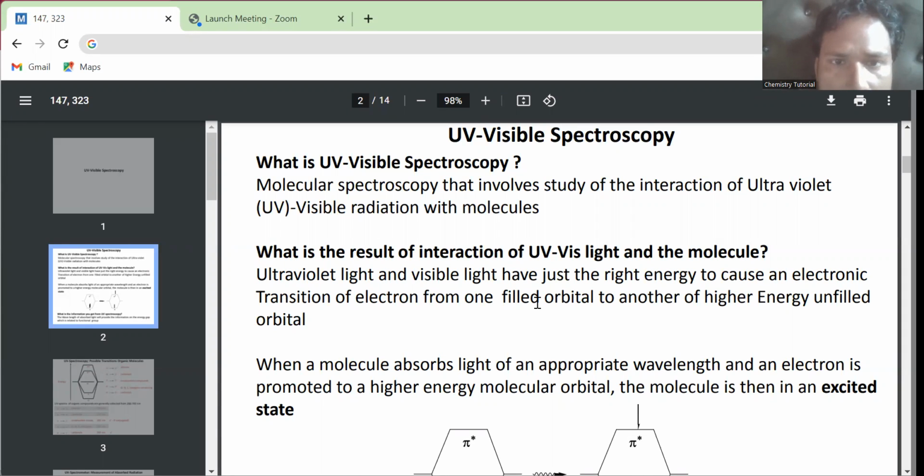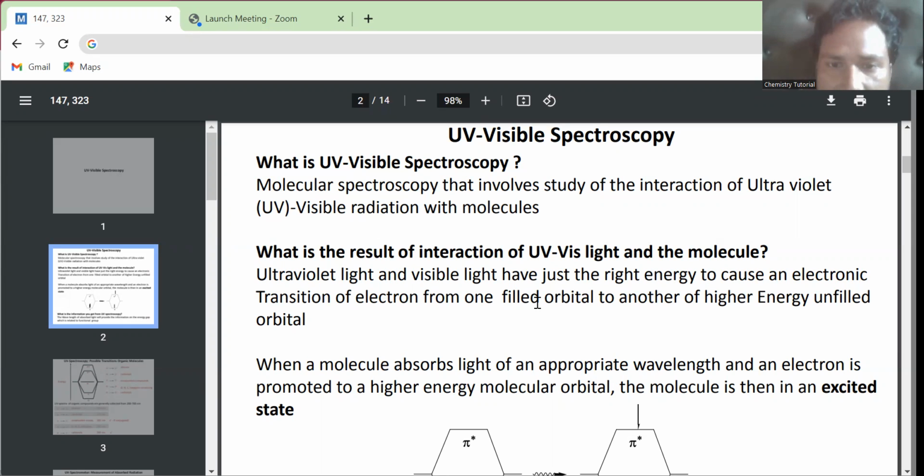It is spectroscopy based on the interaction of ultraviolet visible radiation with molecules. This is the fundamental of how UV visible spectroscopy works.